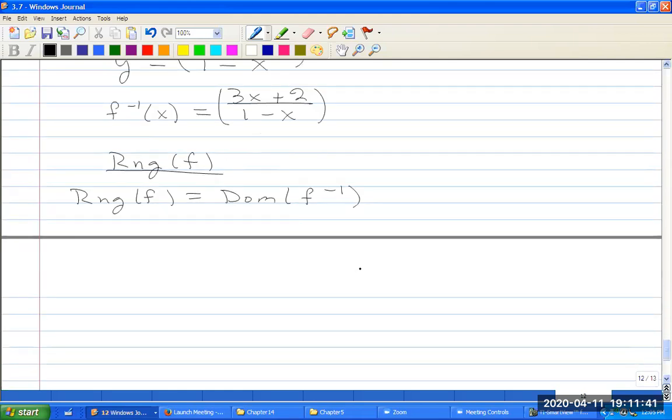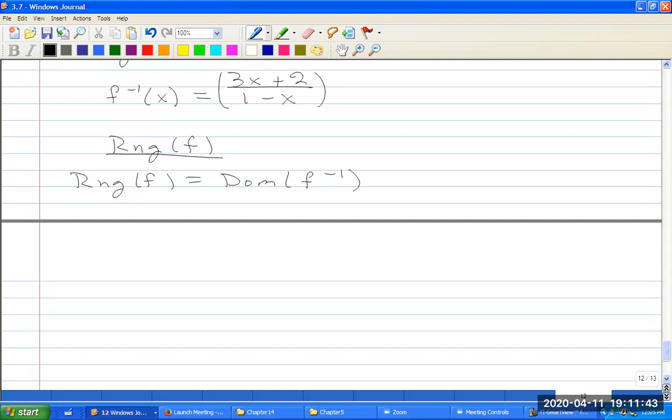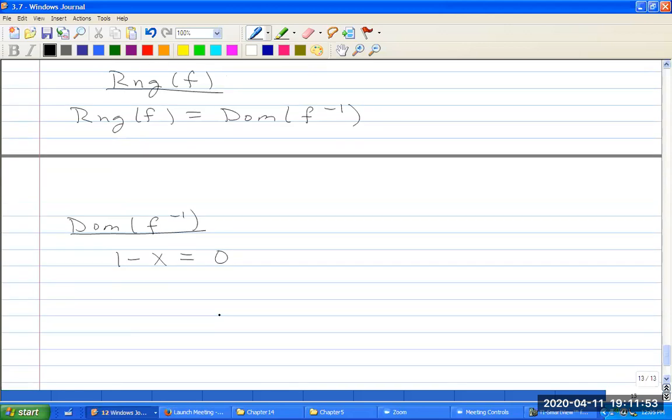And so the domain of f inverse is just found by setting the denominator to 0. And so I get here that x is equal to 1.